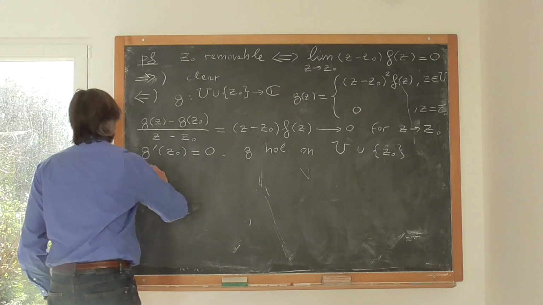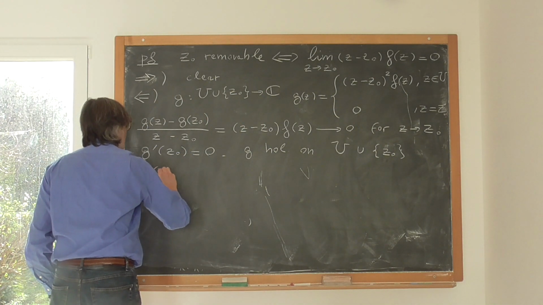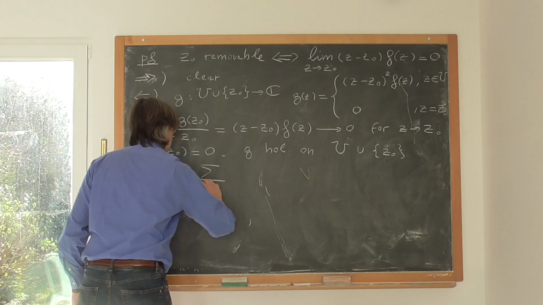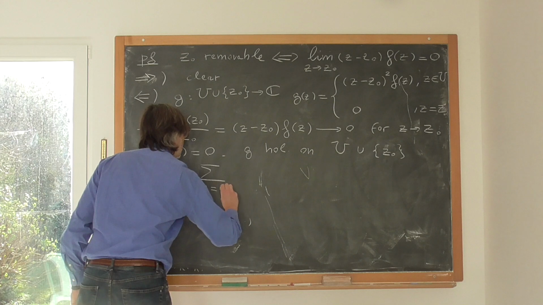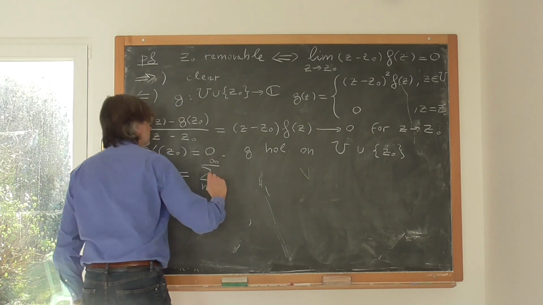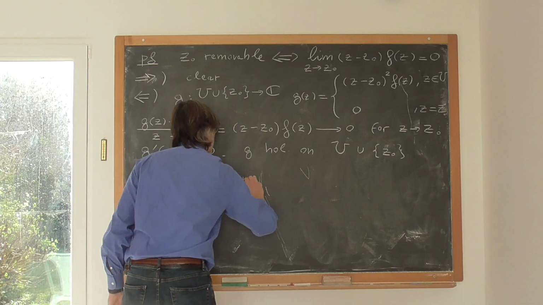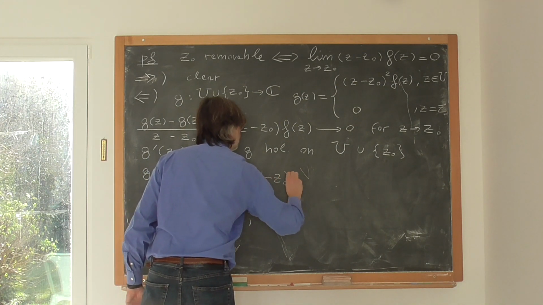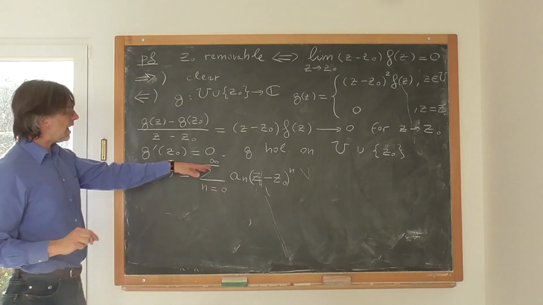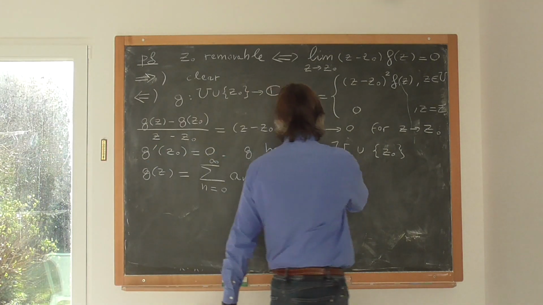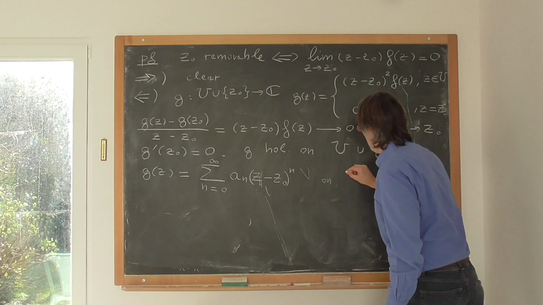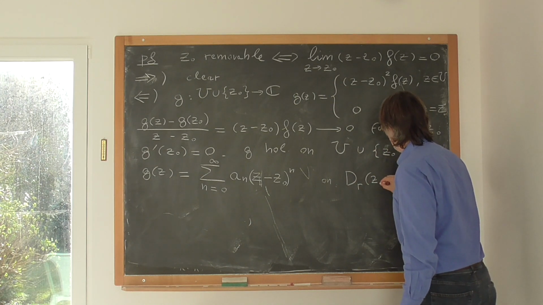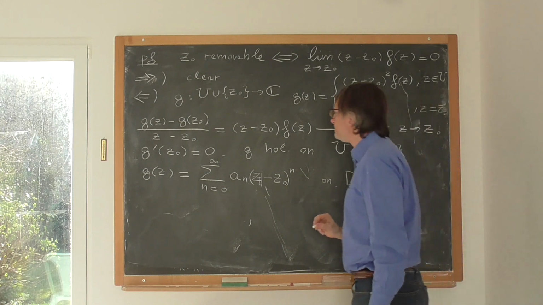We can write g as g of z equal sum, n goes from 0 to infinity, a_n times z minus z naught to the power n. And this series will converge to g on some disk of radius r centered at z naught.